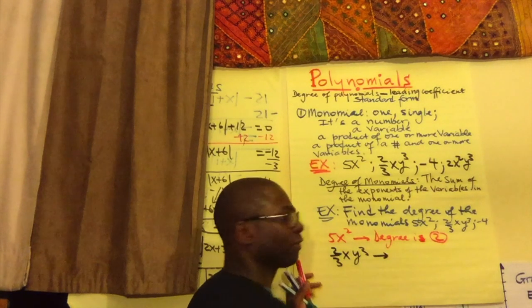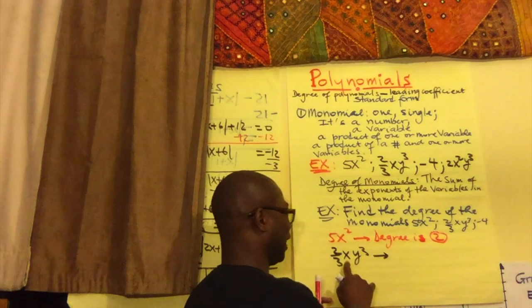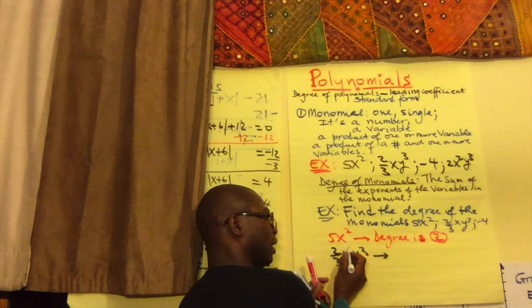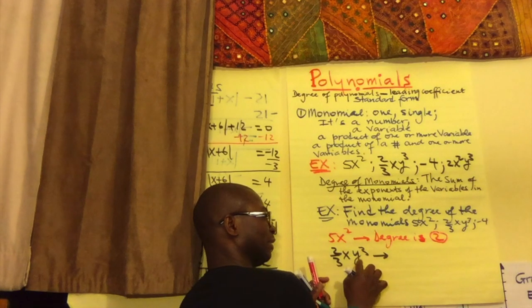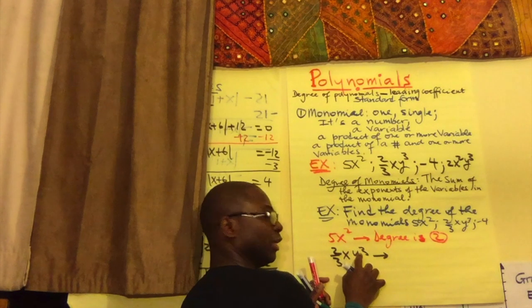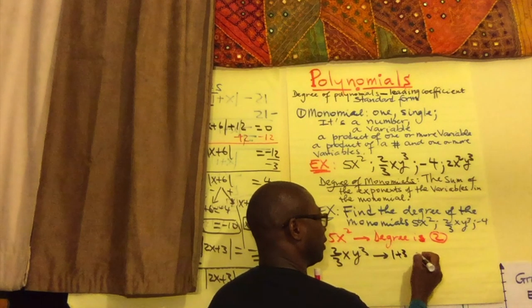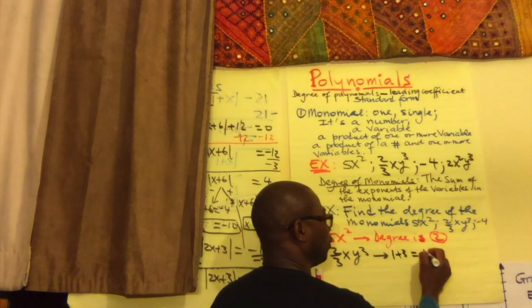It has two variables, x, whose exponent is an invisible 1, and y, whose exponent is 3. So 1 plus 3 gives us degree 4.